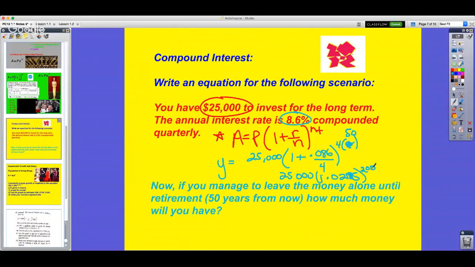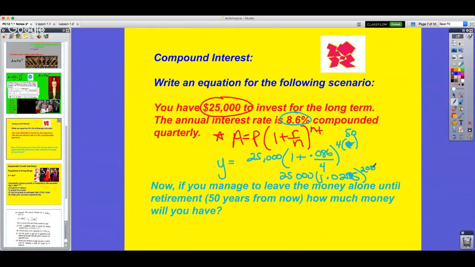What would I do next to simplify this? To the power, right? So we do 1.0215 to the 200. How many decimals? We'll do it to the second decimal now. 70.42.